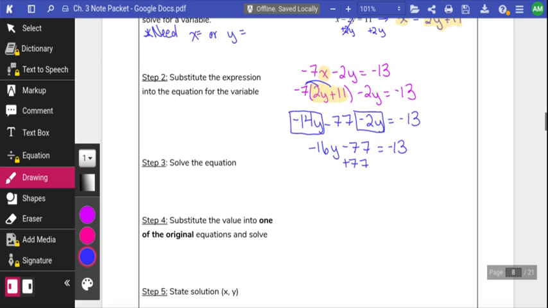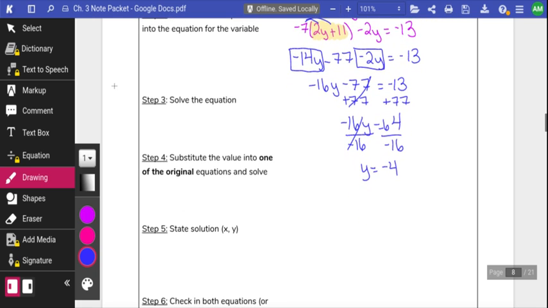Add 77 to both sides. When you add that, you get negative 16y equals 64. And now to solve for y, I divide both sides by negative 16, and I get y is equal to negative 4. Solved.